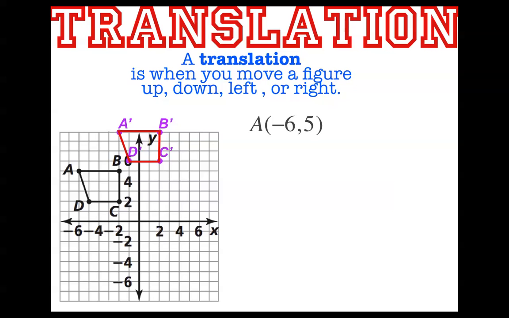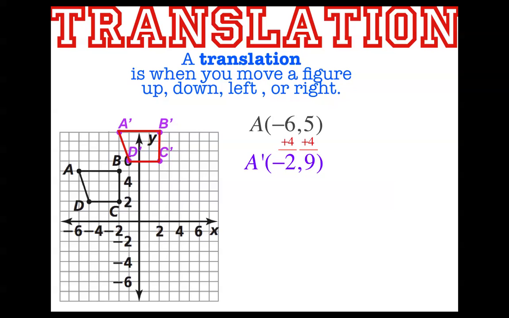And take a look at the coordinates. The original point A was at -6, 5. Now we said we moved that point up 4 and over 4. Well, when we did that, A prime is at -2, 9. Notice, if we added 4 to the x coordinate, you get -2. And if you added 4 to the y coordinate, you get 9.